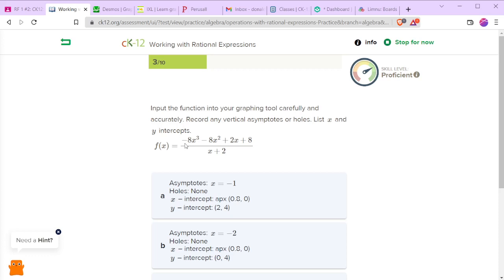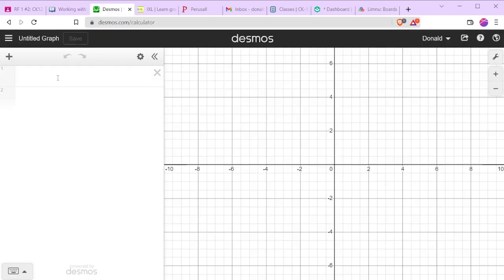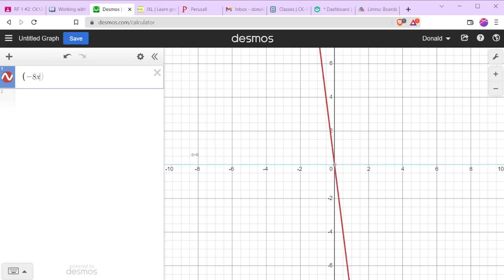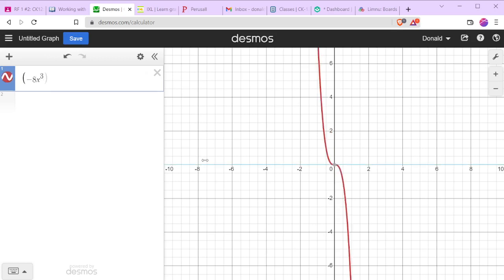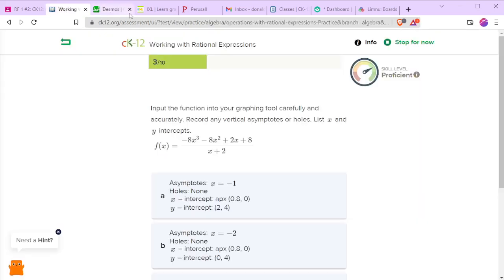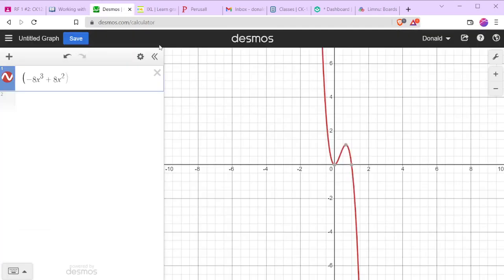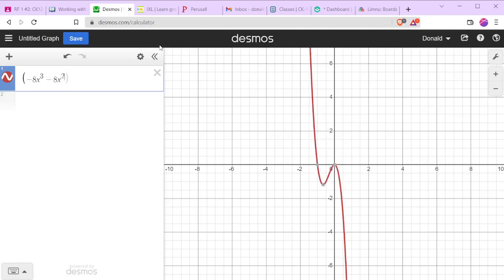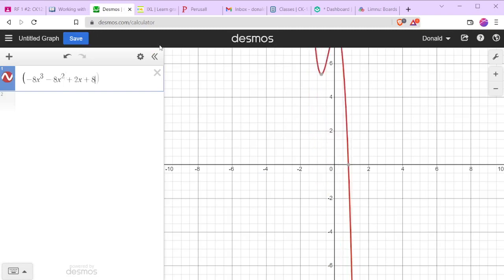Now we have a negative x cubed minus 8x squared plus 2x plus 8. X cubed plus 8x squared, I believe it was. Oh no, it's minus 8x squared. Plus 2x plus 8.